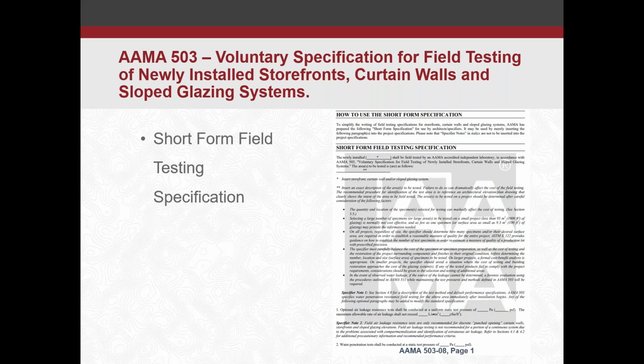The short form field testing specification is a little bit different than the one for AMA 502. Basically, you're just going to fill in the newly installed whatever it is that you want tested at this point, whether it's a storefront or a curtain wall.